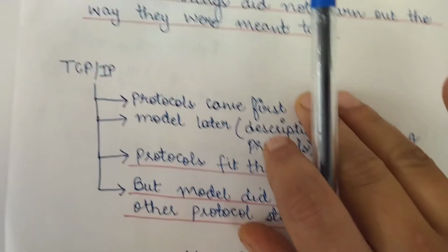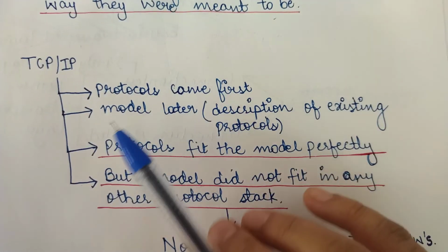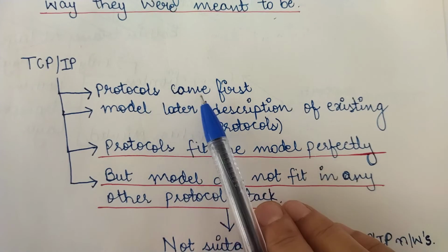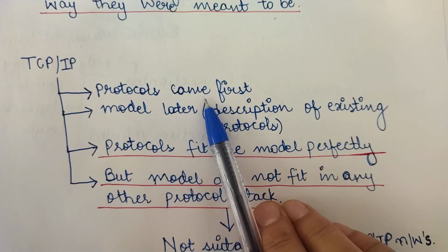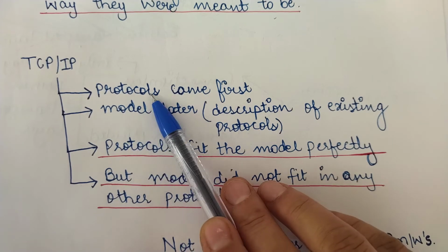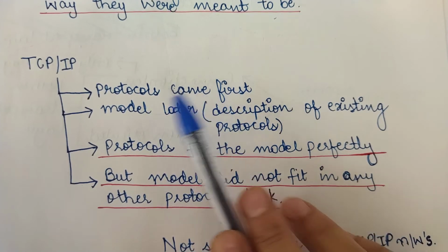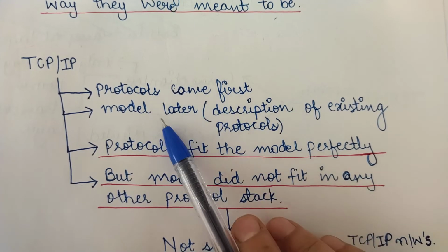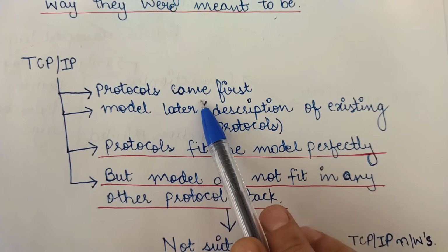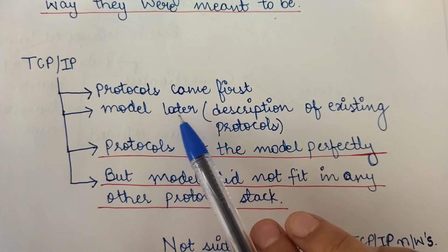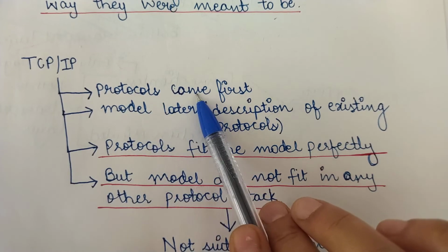Now, moving on to the TCP/IP reference model, here it was just the opposite of the OSI reference model. In case of the TCP/IP reference model, the protocols came first and the model came later. So it is quite obvious that the model was designed specifically for the protocols.